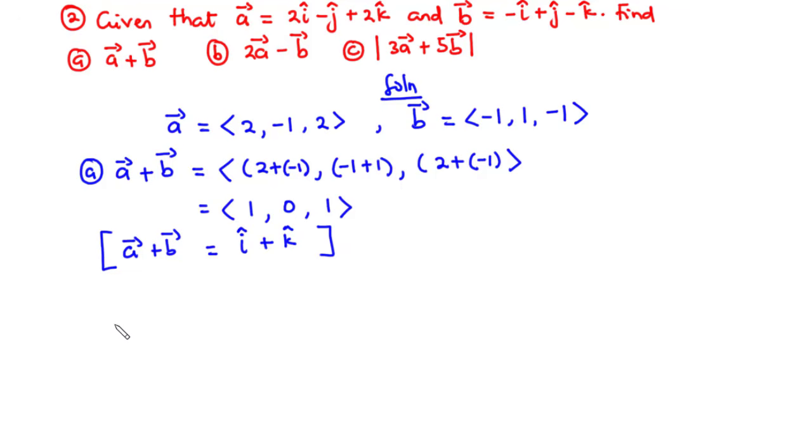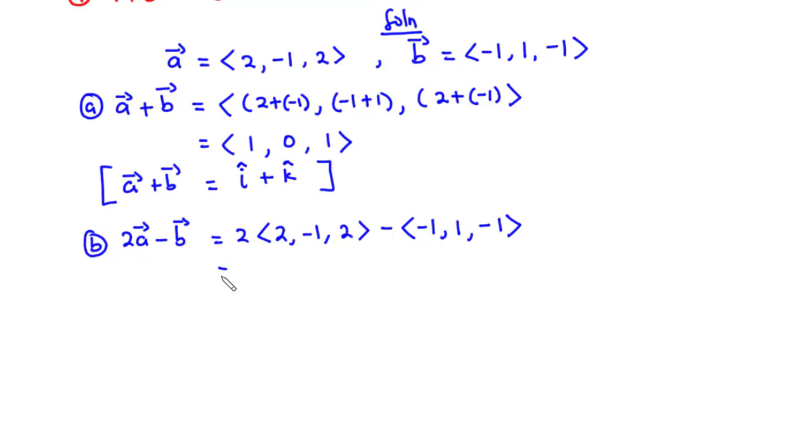Now let's solve for B. So for B, we are going to find the vector 2A minus B. Now we have vector A to be <2, negative 1, 2> and then vector B to be <negative 1, 1, negative 1>.